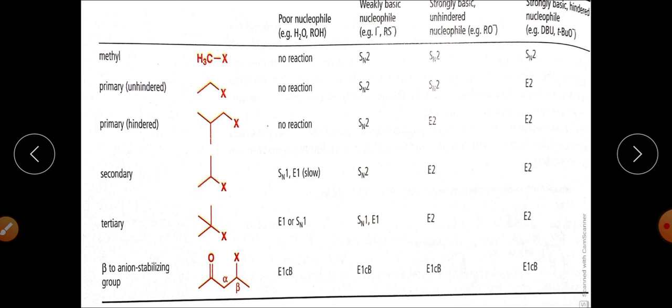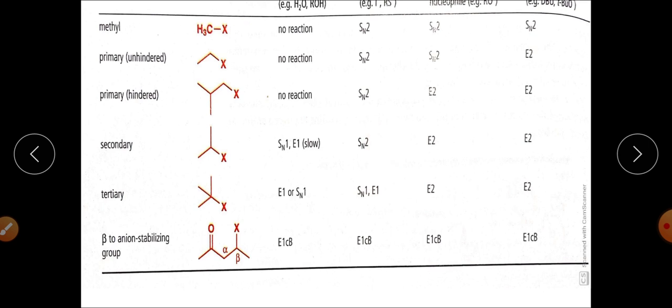Then you are having secondary, you are having a tertiary substrate, and you are having such a substrate which is having an anion stabilizing group present at this particular position. Means, for example, this is your alpha carbon which is bearing X, then at beta carbon you are having that group which is stabilizing the anion, right? So these are the different kind of the substrate that we were talking about.